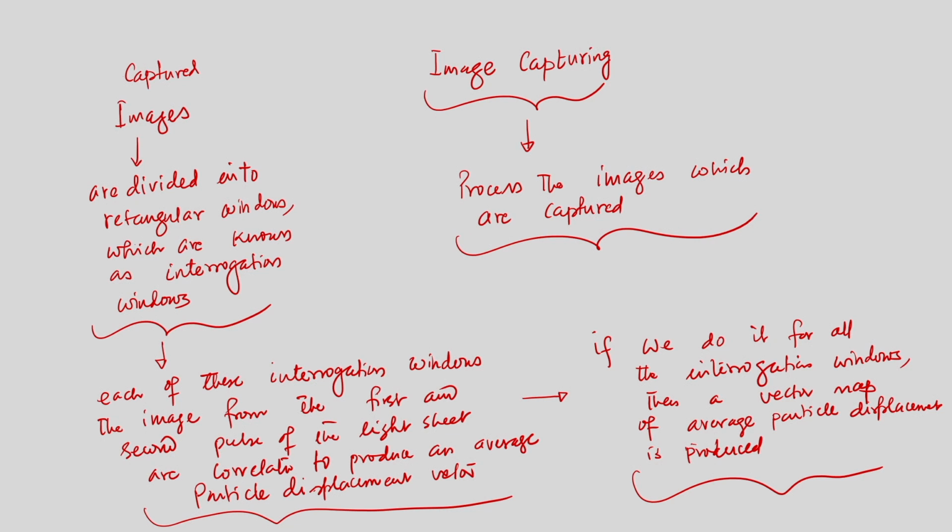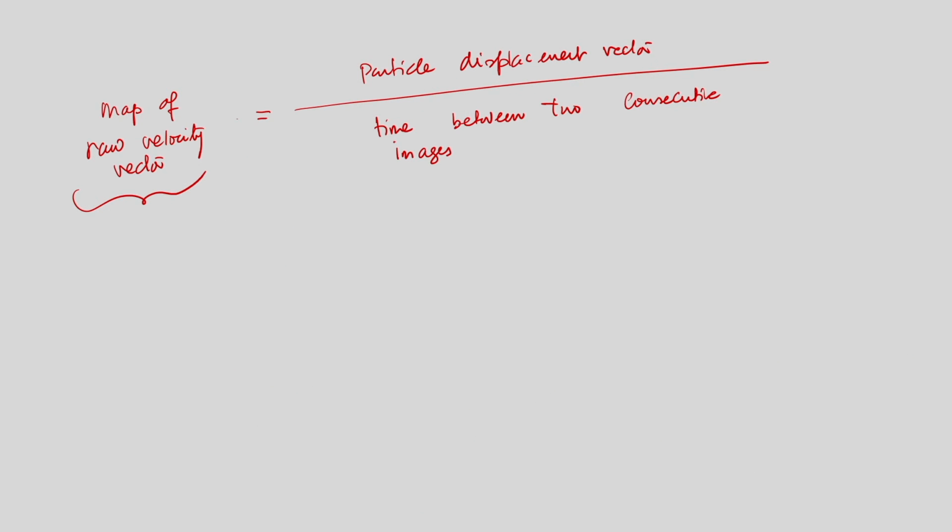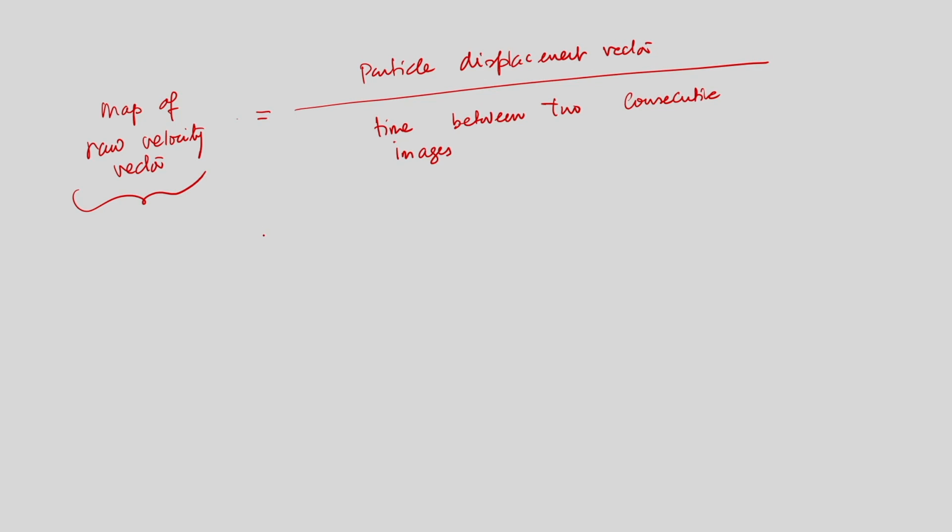If we divide this average displacement vector by the time, which we know because the two images are captured by the camera, we will get the map of raw velocity vector. So, this correlation is important for this particular technique, and to speed up the correlation, FFT processing is done.